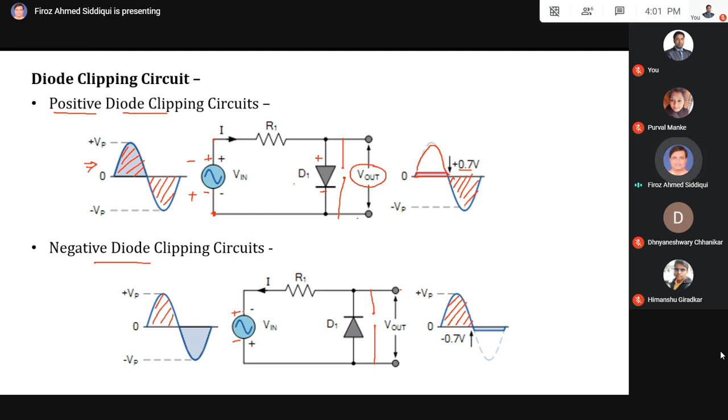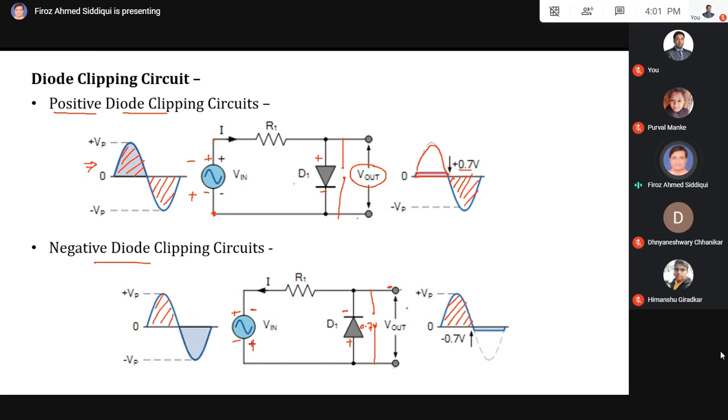और जैसे ही negative half cycle आएगी, negative half cycle means this terminal will be negative and this terminal will be positive. So this positive terminal is connected to the positive terminal of the diode, and this negative of the battery or the supply is connected to the negative terminal of the diode. So this diode becomes forward bias, and the voltage across this diode will be 0.7 volt, and a negative 0.7 volt, because we are taking voltage across this, and this terminal is negative connected to this point.